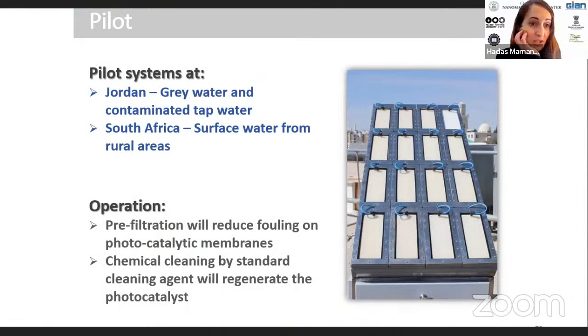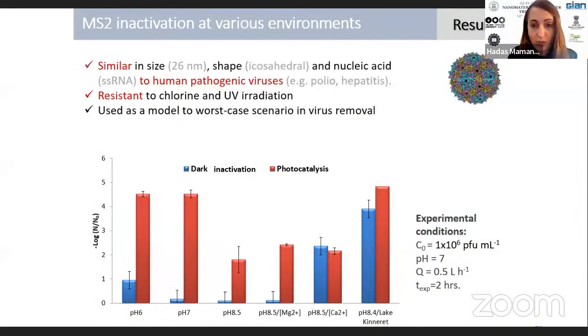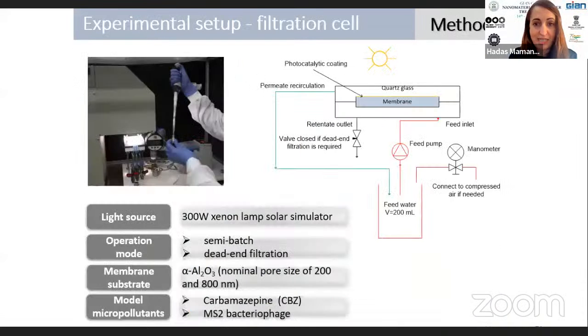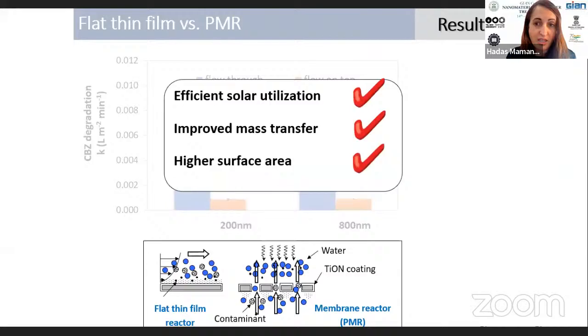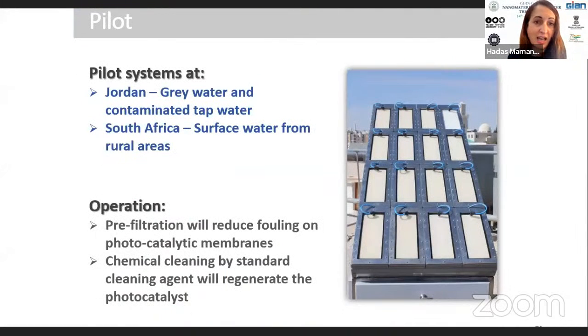The next step was to actually design a system. So we took this lab system, and we took all the operational and engineering-based parameters to design a pilot system. The pilot system was operated in Jordan for gray water contaminated tap water, and also in South Africa for surface water from rural areas.